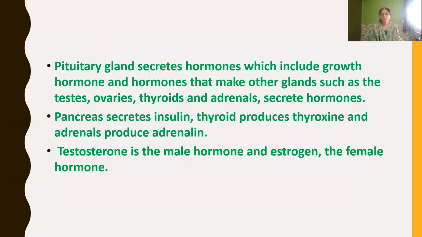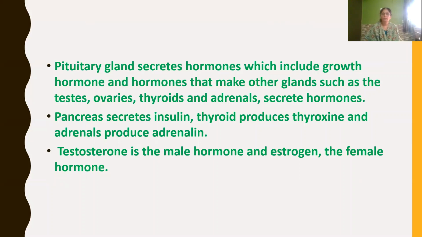The pituitary gland secretes the pituitary hormones, which include growth hormone and many other hormones that make other glands like the testes, ovary, thyroid and adrenal secrete their own hormones.